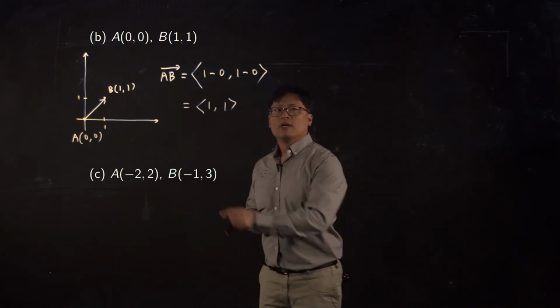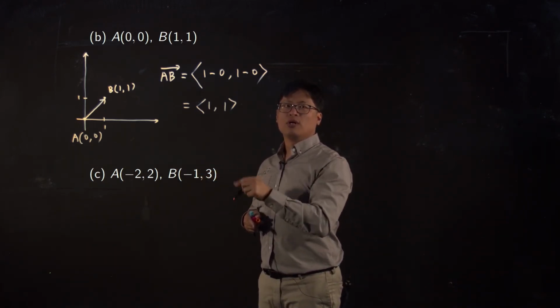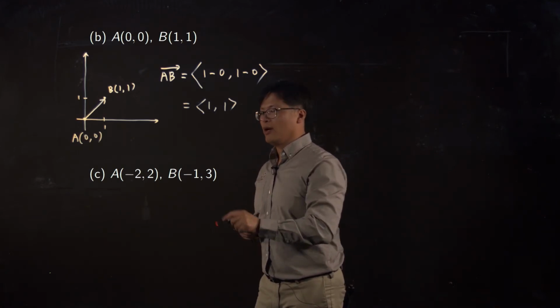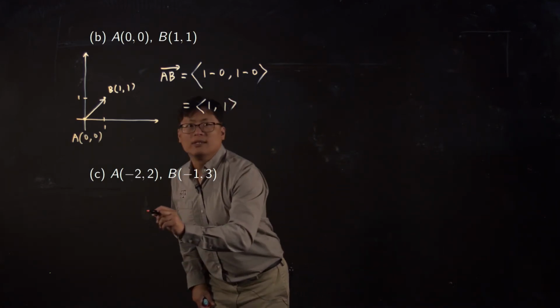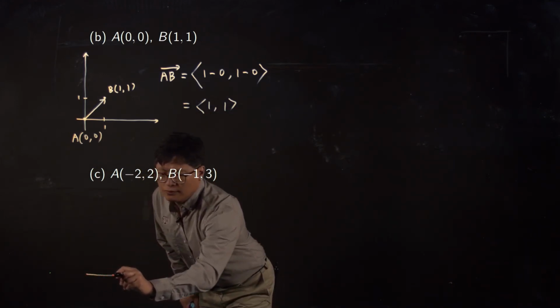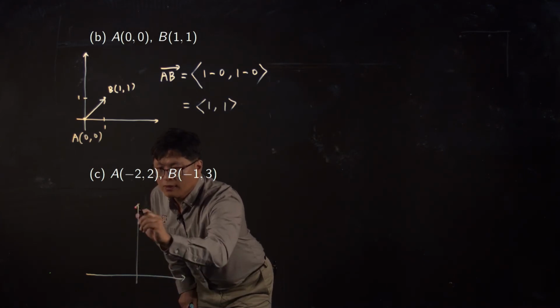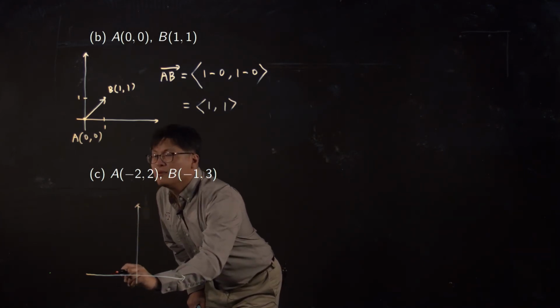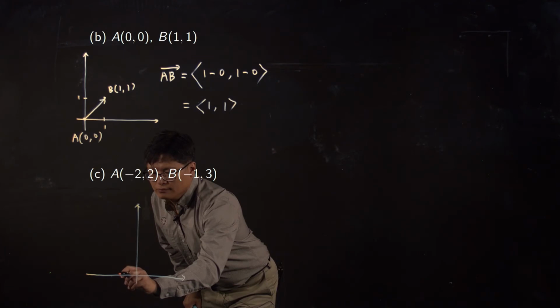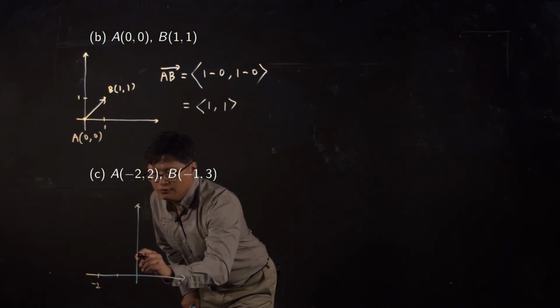What about second one? Like second one, your initial point is negative 2, 2, and your terminal point is negative 1, 3. Okay, let me give you the graph of this one too. Here we go. Negative 2, comma 2.